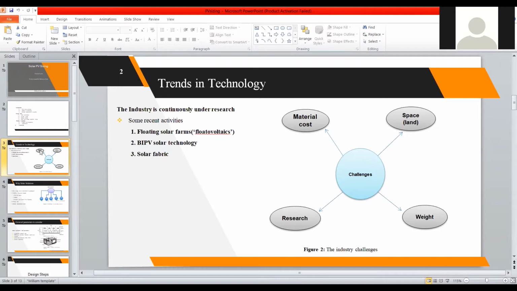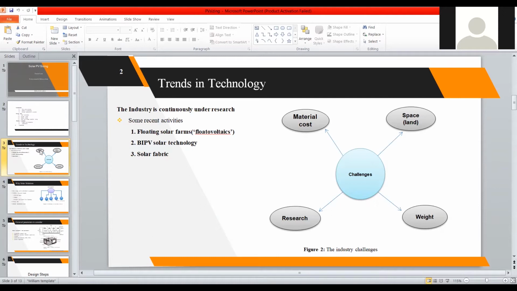Due to the material cost, the industry has been struggling for some time. Also, there are issues of weight, like there's a limit to how many panels you can put on a house. That limits the capacity that you can generate to power the house, or the industry, or whatever applications you're using. Then there's also the issue of space, land itself.